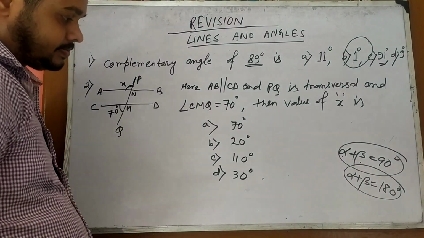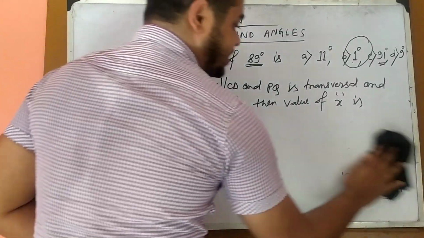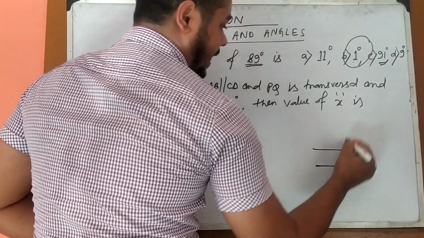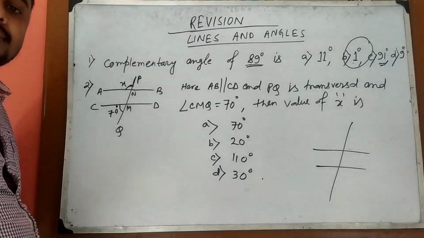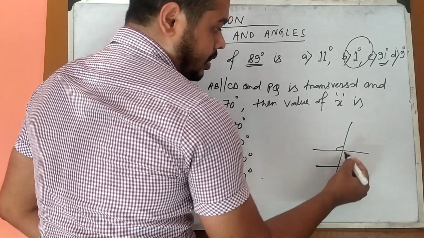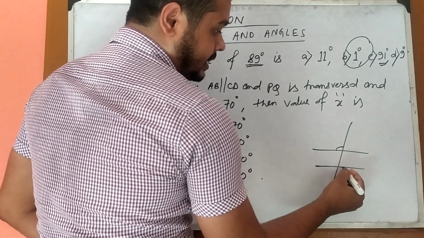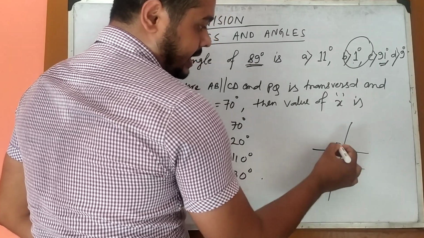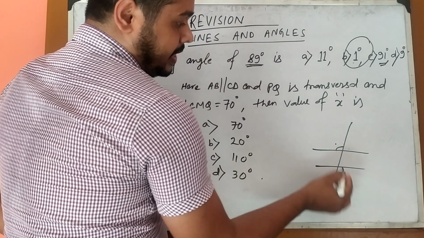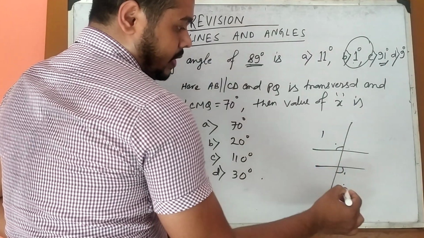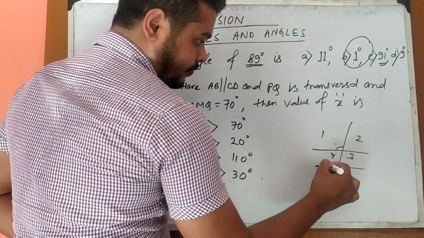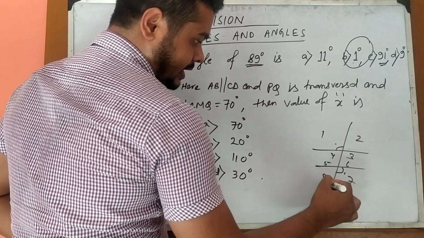First of all, I want to mention that if two lines are parallel and this is the transversal, then we get alternate exterior angles. Suppose the angles are numbered 1, 2, 3, 4, 5, 6, 7, 8.